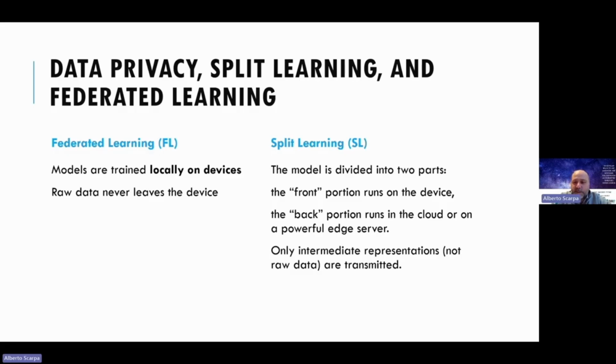The raw data stays on the device and only an intermediate representation is transferred. Both these methods are powerful, but require a lot of orchestration, secure communication, privacy mechanisms, and reliable updates to work.